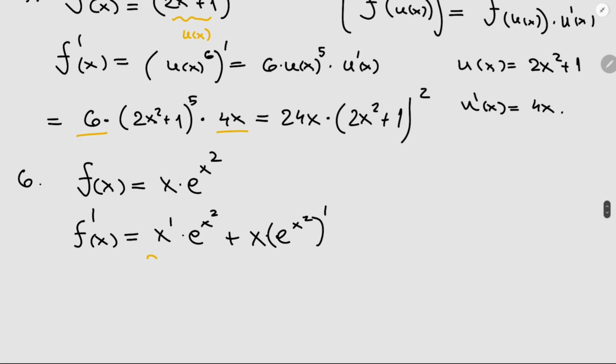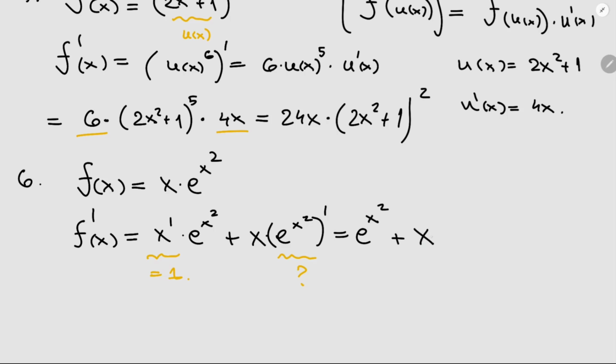And the derivative of x is precisely equal to 1, and we have to work a bit for the derivative of e to the x squared, which we don't know. So I will just write the first term. I will omit the 1 because it doesn't do anything.